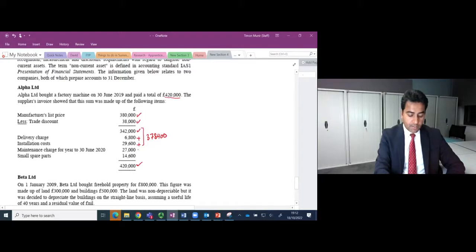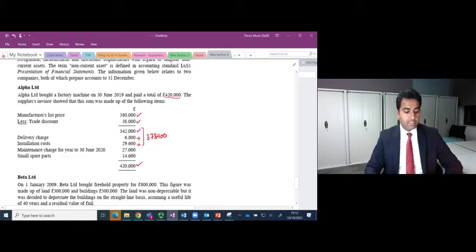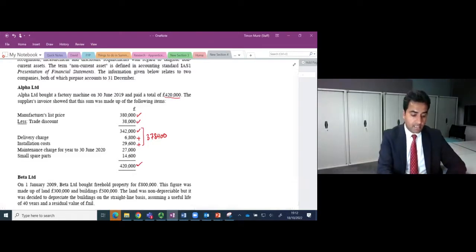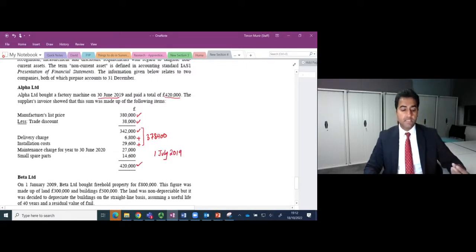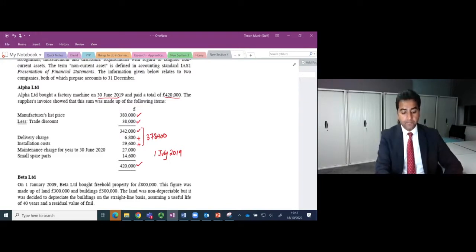So this £27,000 is the maintenance charge which Alpha has paid for the whole year. You can see that the start of the year is 30th of June 2019. So I can say that it's 1st of July 2019. Remember that 30th of June 2019 is the last date of the previous accounting period, and 1st of July 2019 is the start date of the new accounting period.